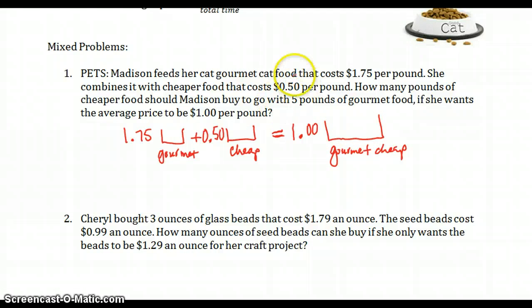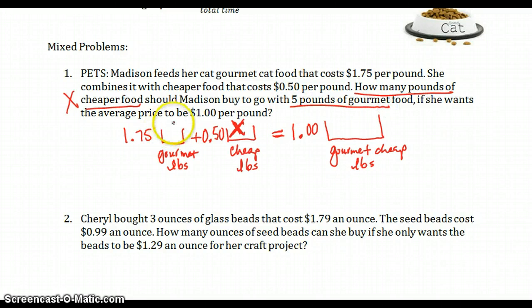So here's your question: how many pounds of the cheaper, that's what we do not know, that's going to be our variable. This is the pounds of gourmet, the pounds of cheaper, and our final pounds. So how many pounds of the cheaper does she need to add to the 5 pounds of gourmet? She already has 5 pounds of gourmet.